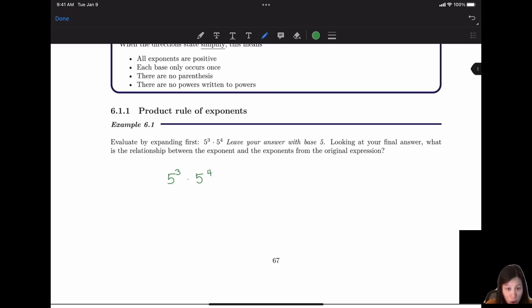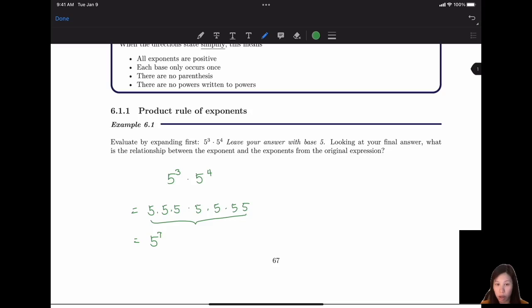5 to the third, we can write it as 3 fives multiplied together. 5 to the fourth, you can take it as 4 fives multiplied together. So in total, if you combine these two together, they will become 7 fives multiplied together.